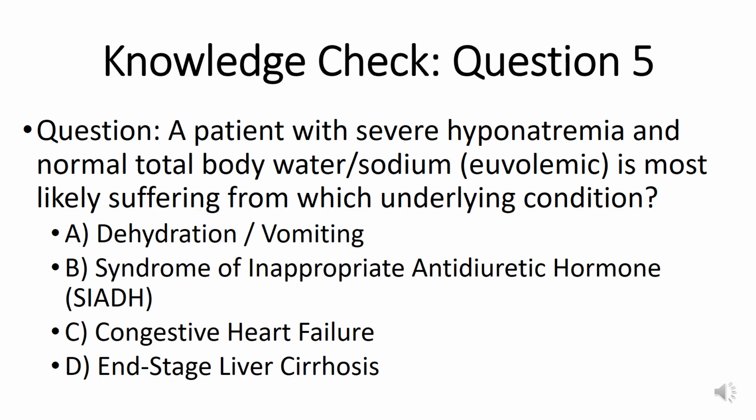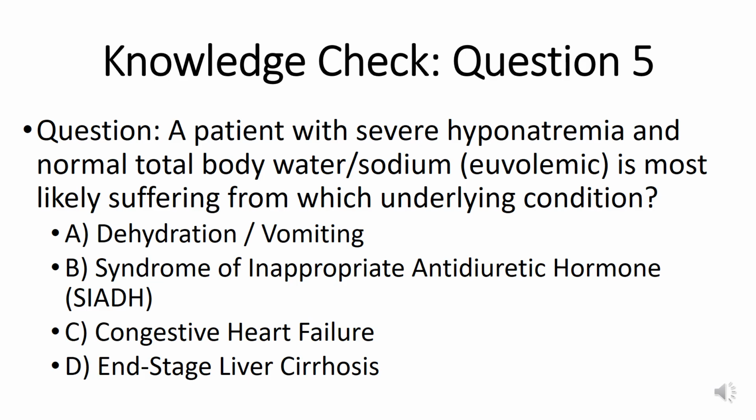Although total body water increases slightly, the excess is usually not large enough to produce visible edema. Therefore, patients often appear clinically normal. They are neither dehydrated nor overloaded with fluid. This is why syndrome of inappropriate antidiuretic hormone is classified as euvolemic hyponatremia.